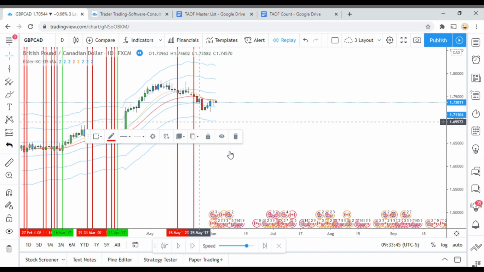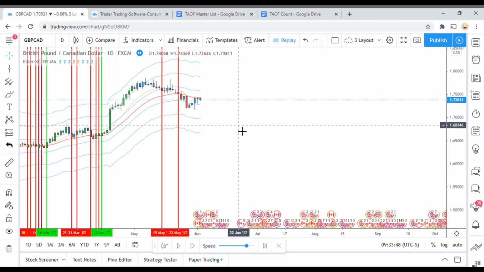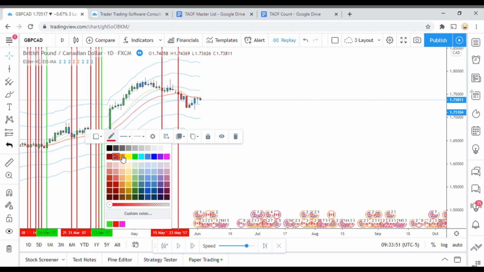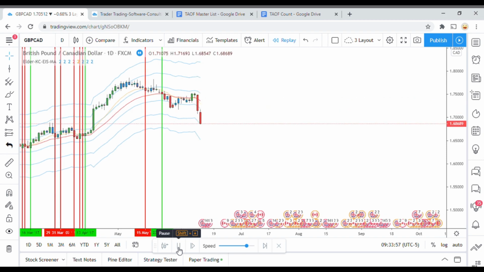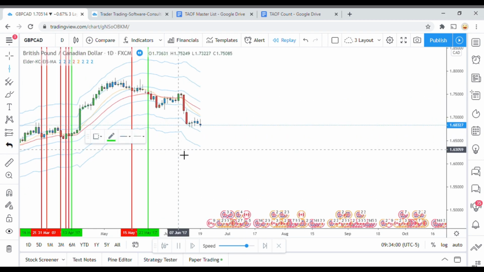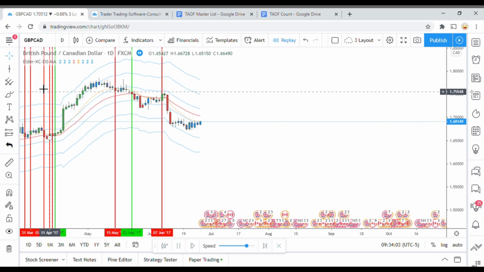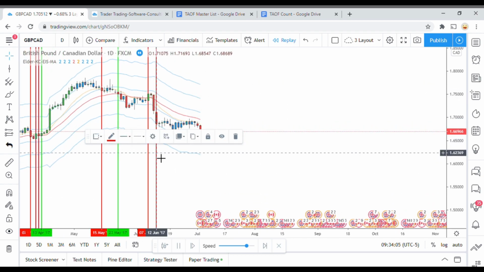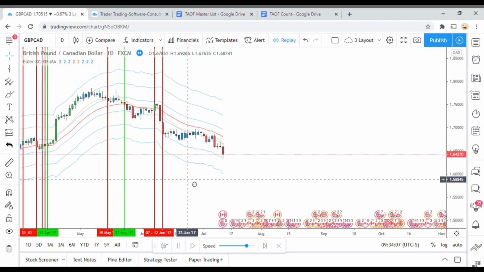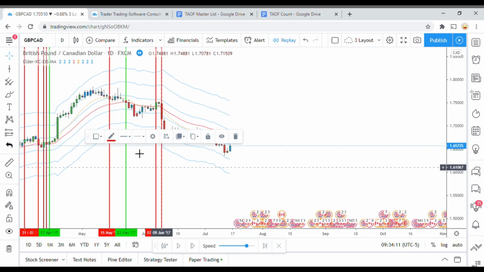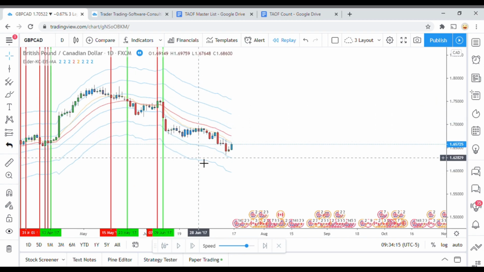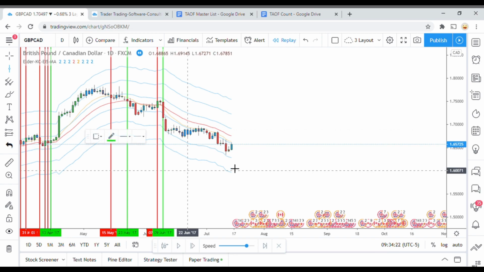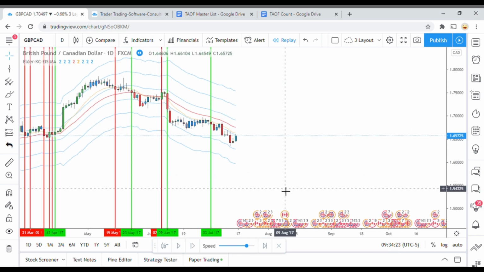It did, but then it picked up a sell back over here that eventually worked out for us. There we go. Let's see here. There we go, picked up a win. A winning sell on that side.